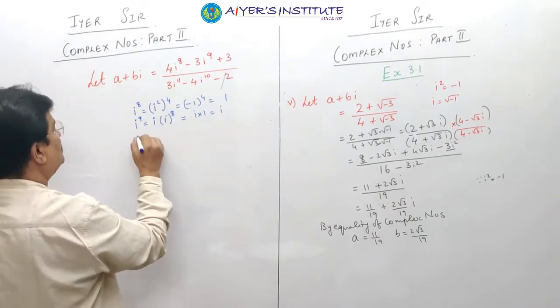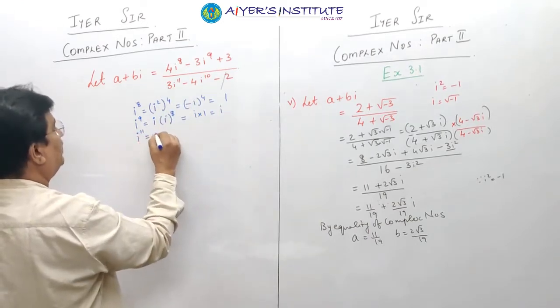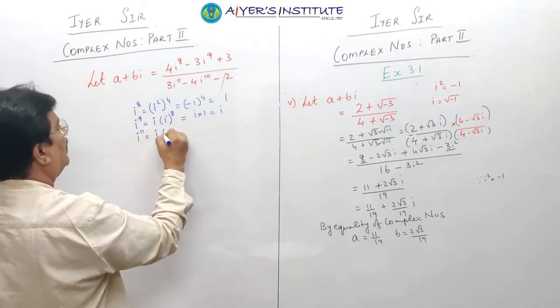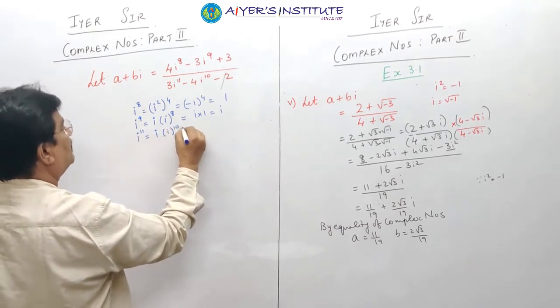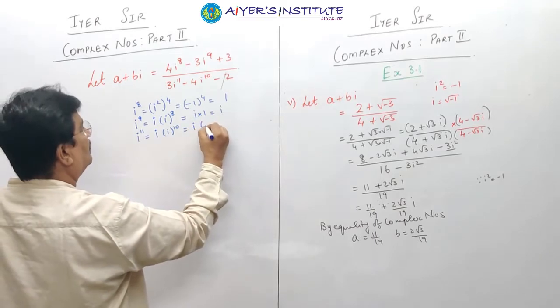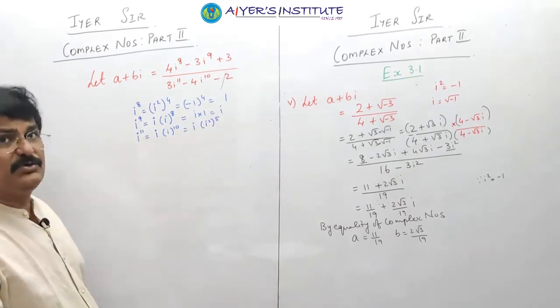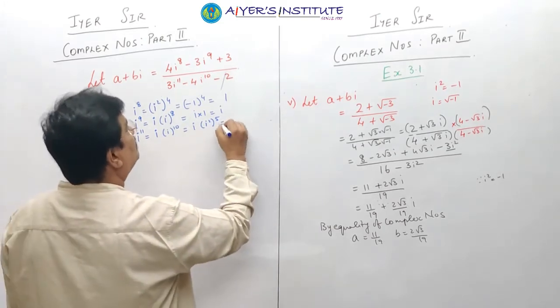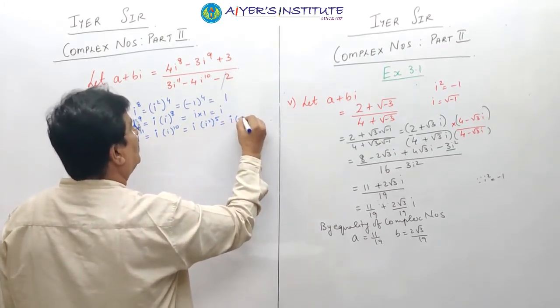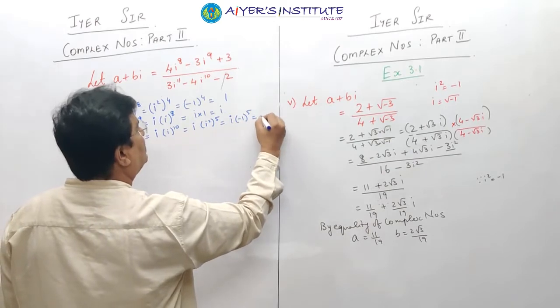Then we come to i raised to 11, again an odd number. We take out one i, and then we have i raised to 10, which is i square raised to 5. i square's value is minus 1. Minus 1 raised to 5 will be minus, so we get minus i.